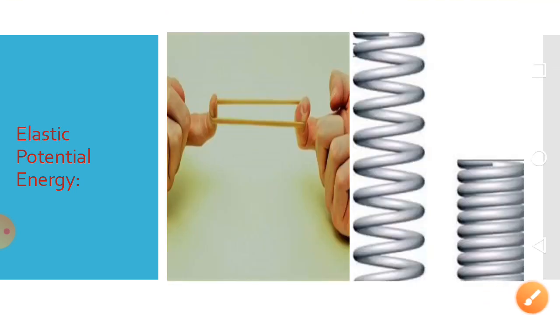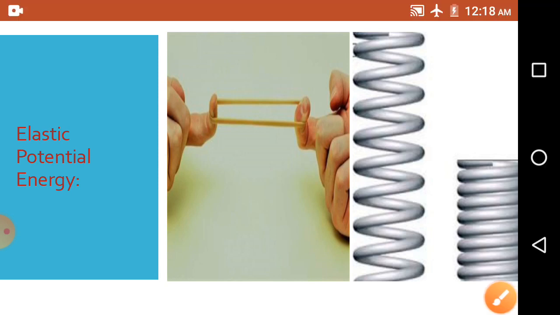So these are the elastic potential energies. Some examples you can see from the picture. Here the rubber band is stretched. When it is stretched and we leave it, it will get back its original shape.